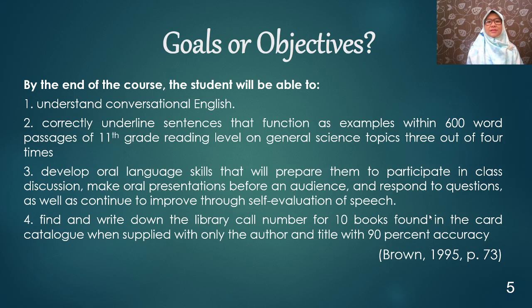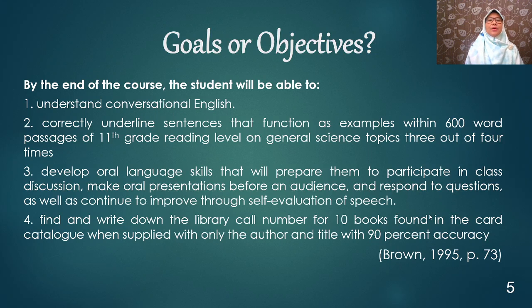Develop oral language skills that will prepare them to participate in class discussion, make oral presentations before an audience, and respond to questions, as well as continue to improve through self-evaluation of speech. And the 4th, find and write down the library call number for 10 books found in the card catalog when supplied with only the author and title with 90% accuracy.